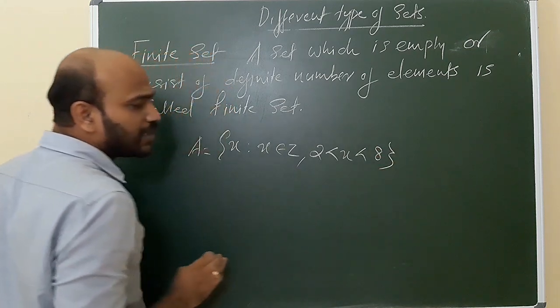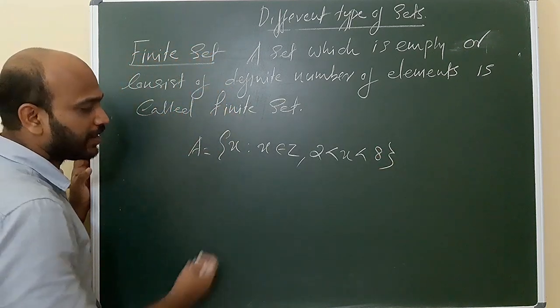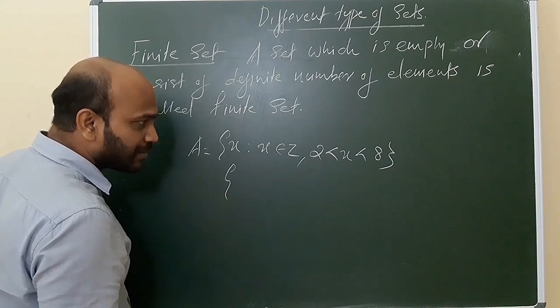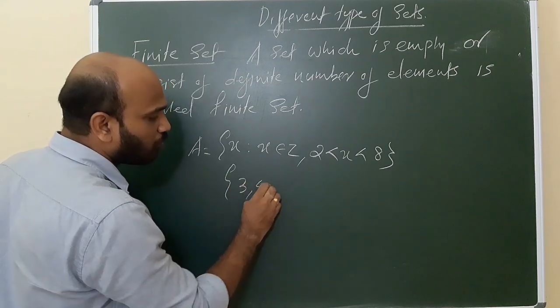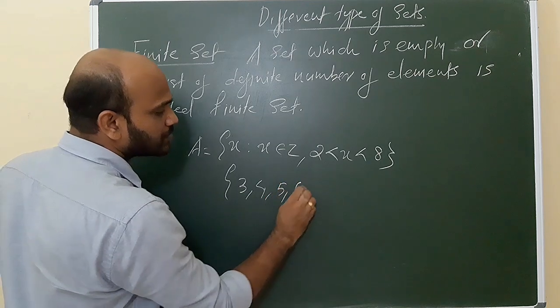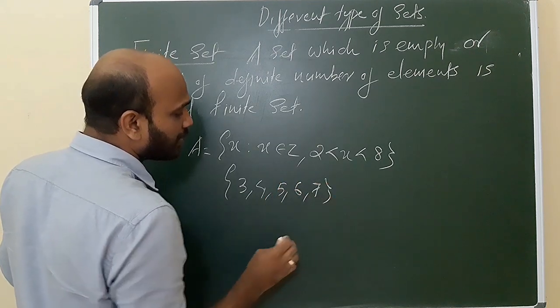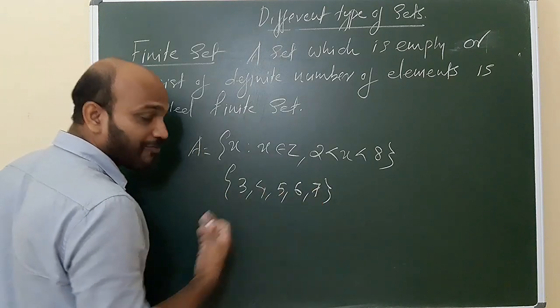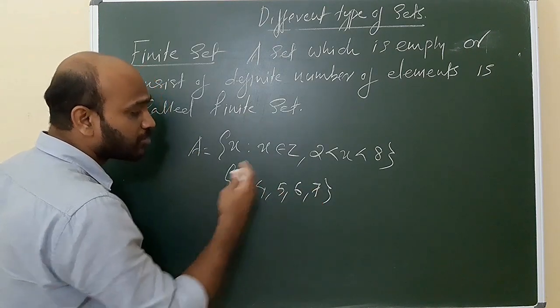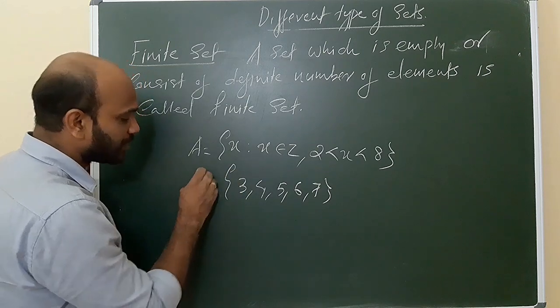That means all integers between 2 and 8. What are the integers between 2 and 8? 3, 4, 5, 6, 7. There are 5 integers between 2 and 8. There is a definite number of elements, so this is an example for a finite set.